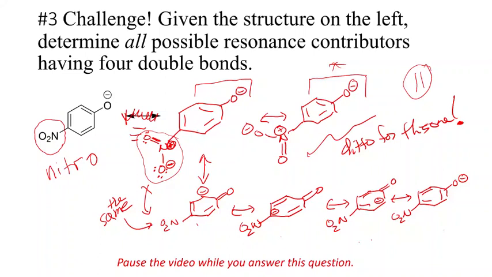But there's one more that is kind of interesting, that we could easily skip here because I'm cutting corners. But if you look carefully, you see that in both of these structures, there's a double bond right next to the ring. And in this particular structure, there's a minus charge on the ring at that point.